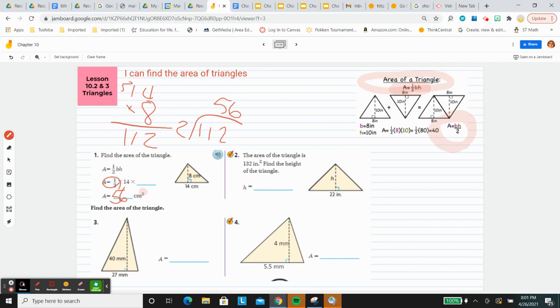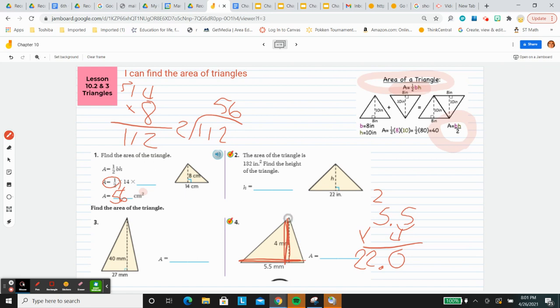So number 4, we've got a height of 4, and we have a base of 5.5. So I'm going to put 5.5 on the top, and I'm going to take that times 4. That gives me 220, but I have to move my decimal, which is 22. Now, because it is a triangle, no matter if it's a scalene or an isosceles or a right triangle, it doesn't matter what kind that it is.